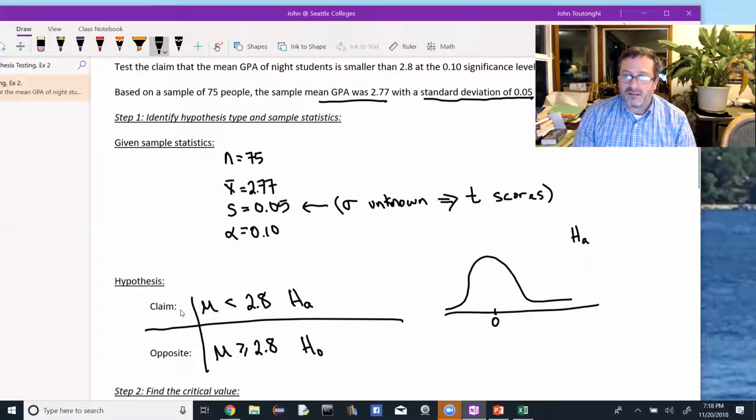So that tells us it's a left tail, which is over there. And we only have one tail, and I'm looking for in the next step my critical value t alpha, which is the boundary of that tail. And how am I going to find it? I'm going to know that over here I've got how much area, whatever alpha is, 0.10.